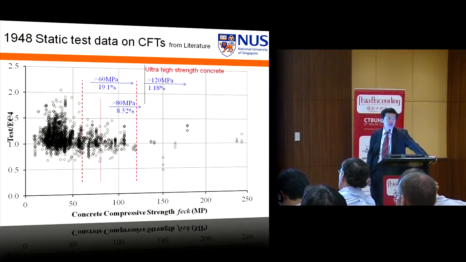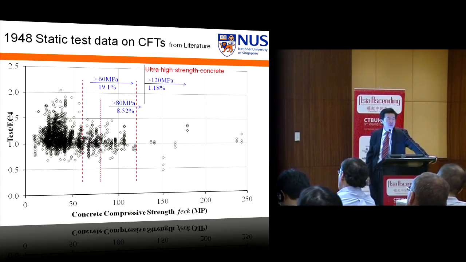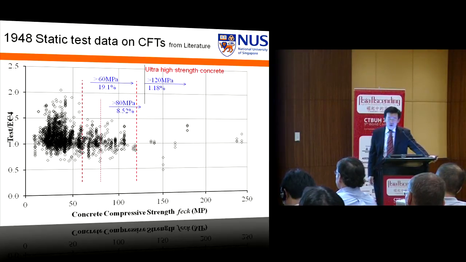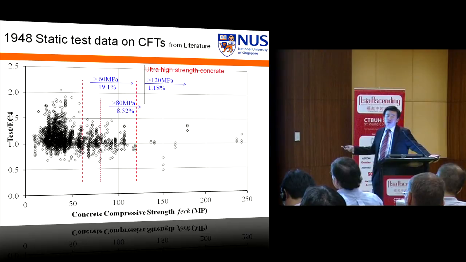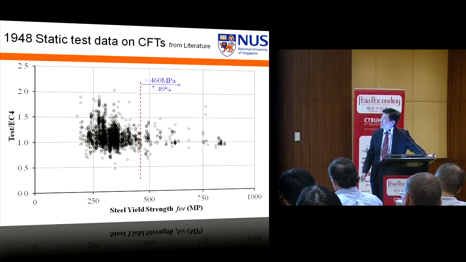Beyond that, very limited tests have been done. In fact, it's only about 1.2% of tests, very scattered, even up to 250 megapascal concrete, as you can see. So we intend to fill the gap somewhere in between here and provide more test experiments so that we can use this type of engineering breakthrough in concrete technologies for high-rise building construction.